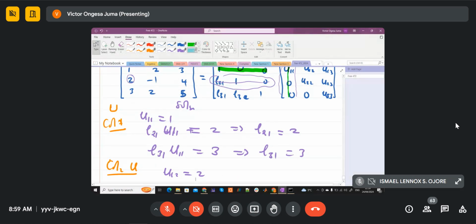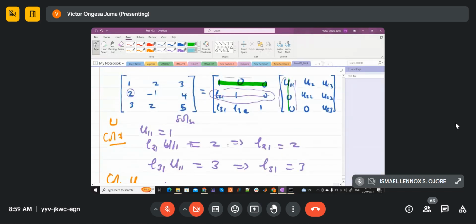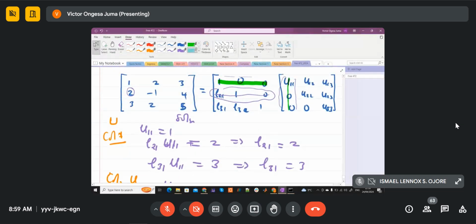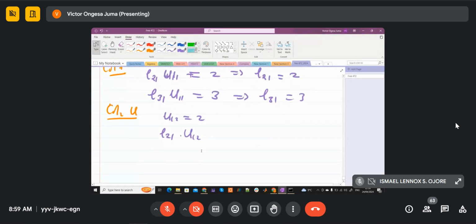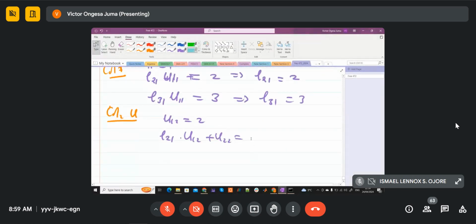And then I multiply the second row by that column again, where we will have L21 multiplied by U12, and then plus U22 multiplied by 1, which is the same as this element here, -1.